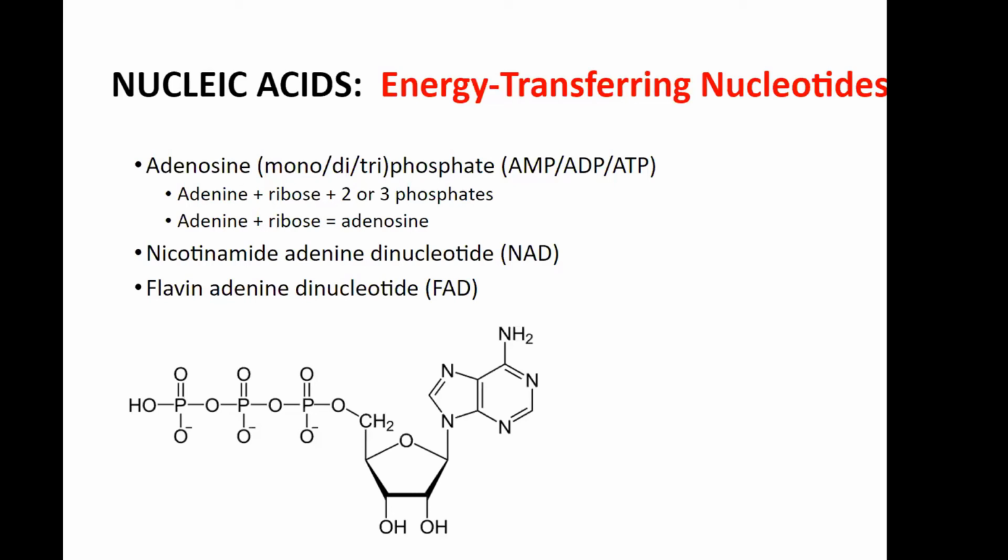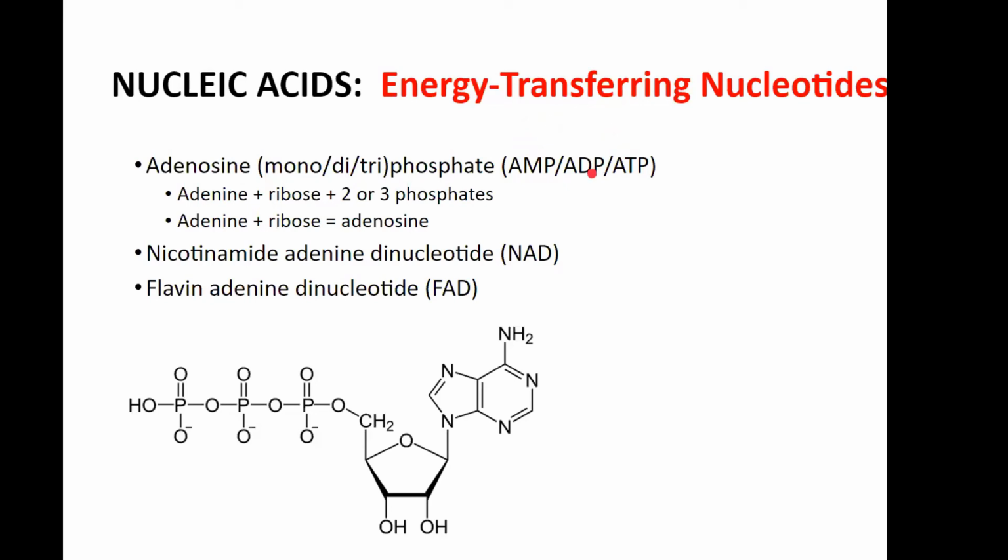And when we're talking about metabolism, we're talking about, well, how do we make that energy? How do we make that ATP to run our cell functions? And we'll look at a couple other types of energy transferring nucleotides that help us make ATP. So in addition to ATP, we won't really see AMP often, so that's adenosine monophosphate, but that's not really going to feature in our story much.